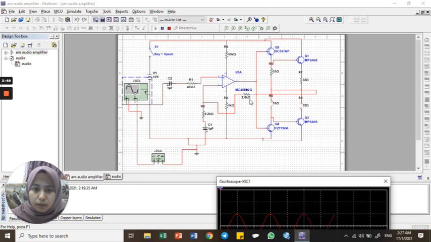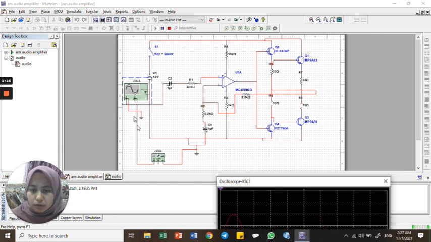And for the AM audio amplifier, we have the MC458CG and a negative amplifier. Pin number 2 is connected to the R2 resistor and C1 capacitor and connected to ground. And for the positive, pin number 3 is connected to the R1 resistor and C2 capacitor and connected to the input oscilloscope.